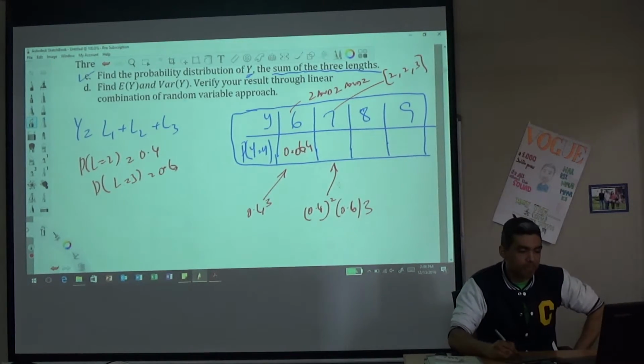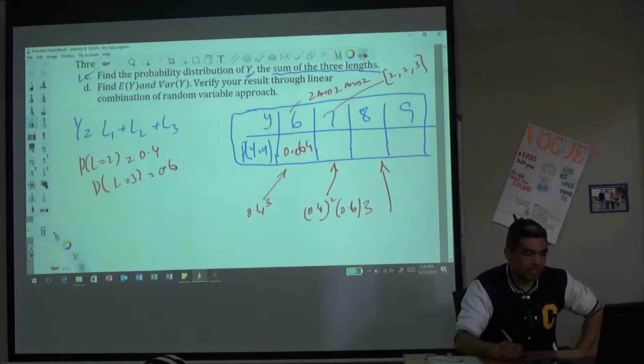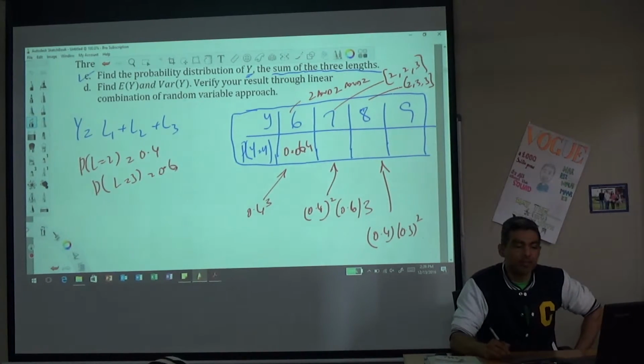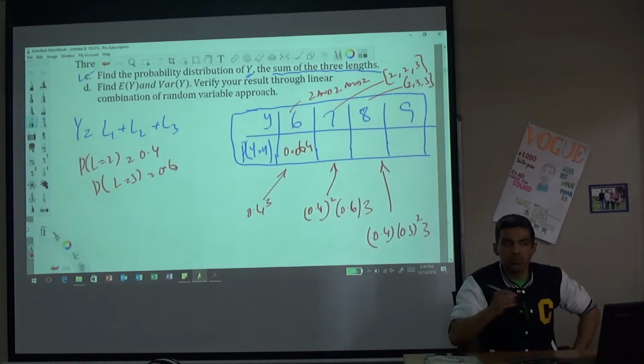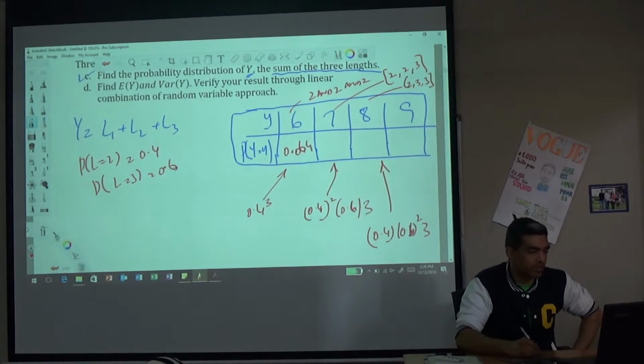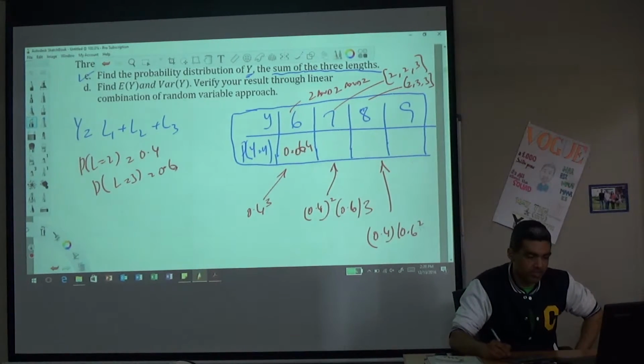Okay, so 8 would come from one 2 and two 3's. So 8 is basically 2, 3, 3. And that would be 0.4 into 0.6 square times 3. Again, 2, 3, 3, times 3.